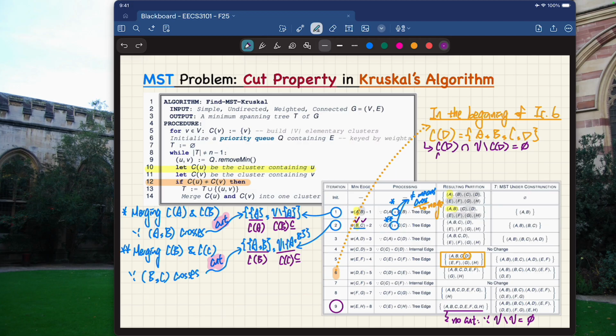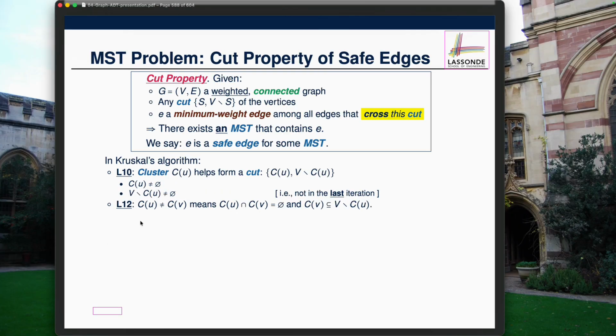The cluster of E is exactly part of the remaining, like the second member set in the cut. Okay, so think about these two equations over here, 1 and 2. So these two correspond to exactly what we got right here. Okay, and let's now move on.